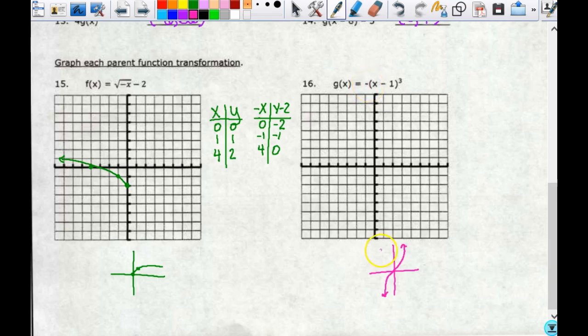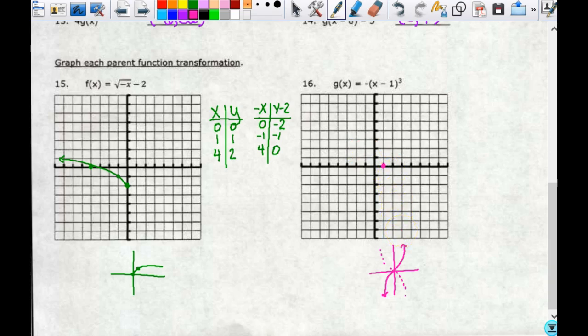So that would flip it around like this. And then I'm also going to do a horizontal shift to the right 1. So I'm here at 0, 0, and go to the right 1 of this point here. And then instead of the curve coming like this, it has reflected, so it's going to come in like this.